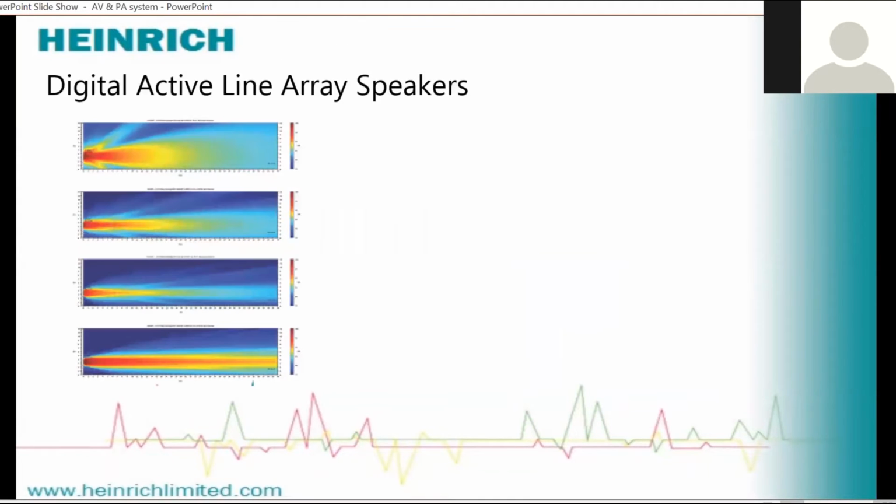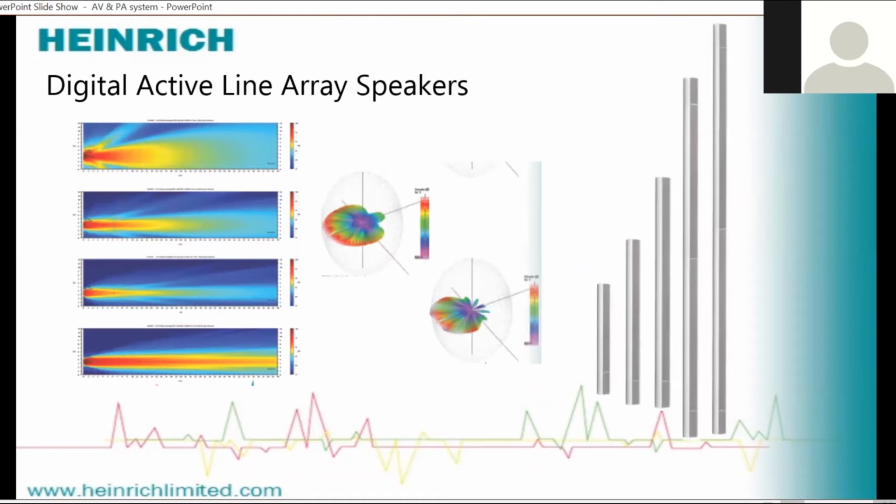Then there are digital line array active speakers. These speakers do not need any external amplifier. These are active speakers, used to transmit the sound more than 20 to 30 meters.